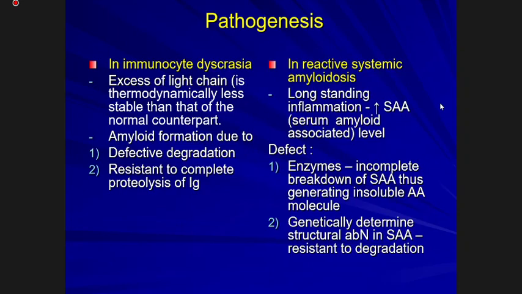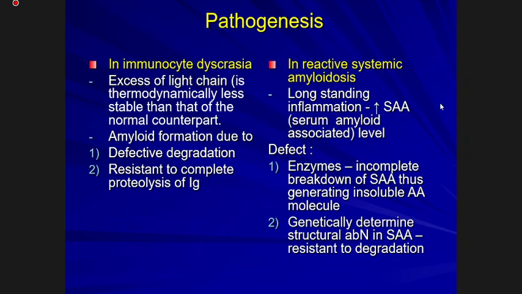So it forms amyloid because of defective degradation, a defect in its proteolysis. That means when it's supposed to be degraded, it cannot be degraded in a proper way, and it is resistant to complete proteolysis of Ig.